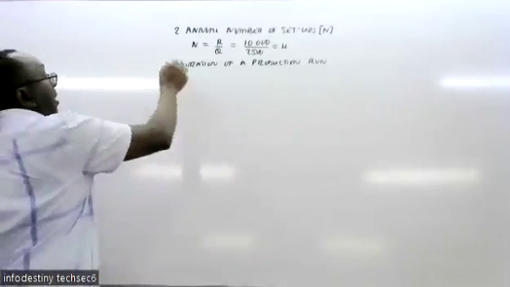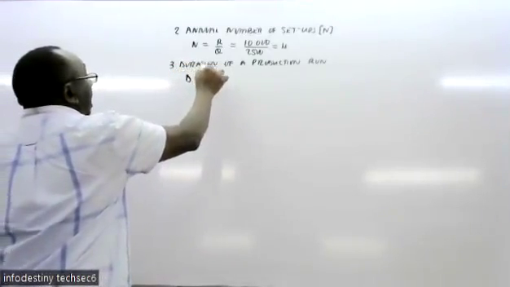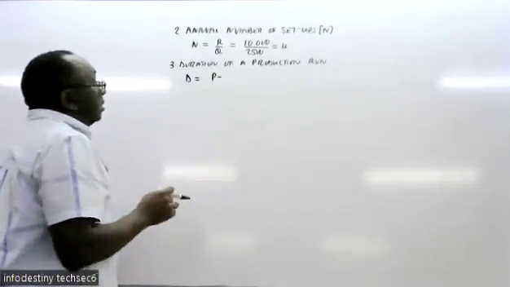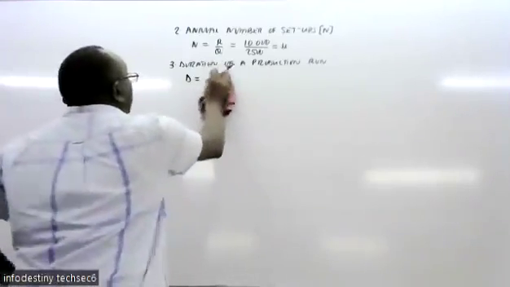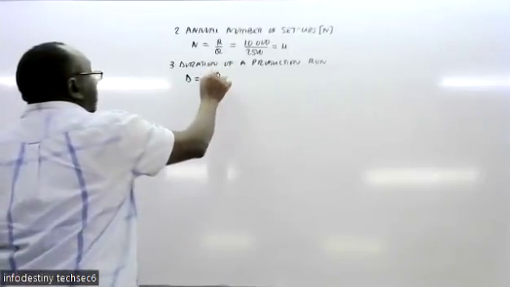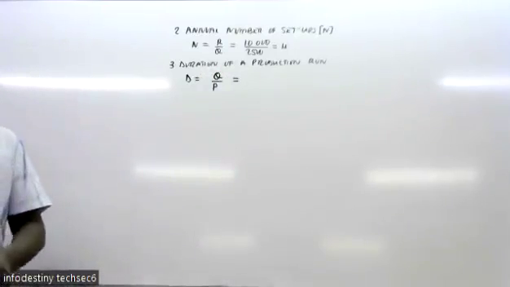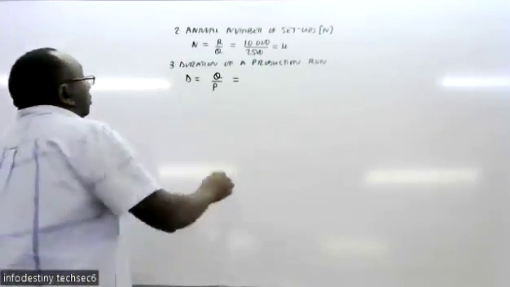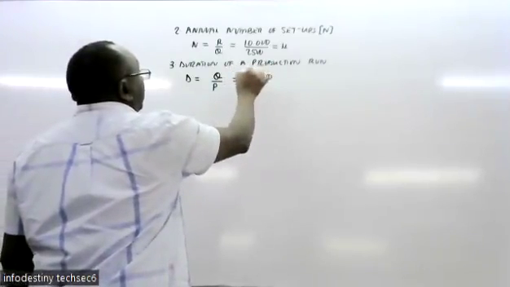So this one, duration D is given as Q, you divide by P. So this one, we are going to have 2500.